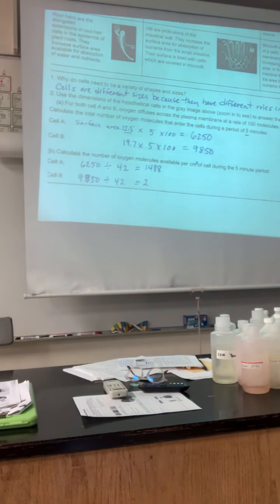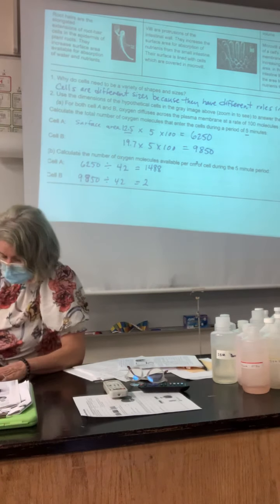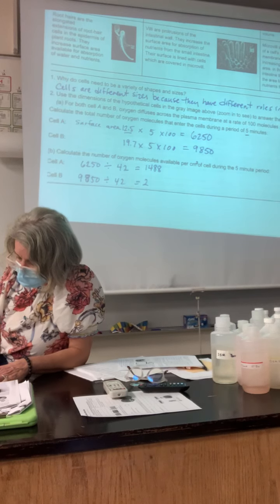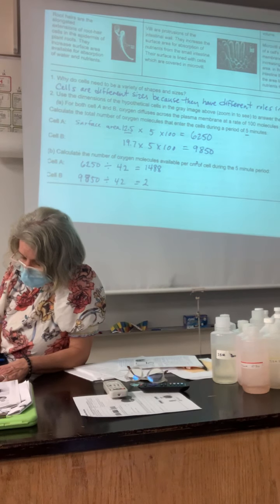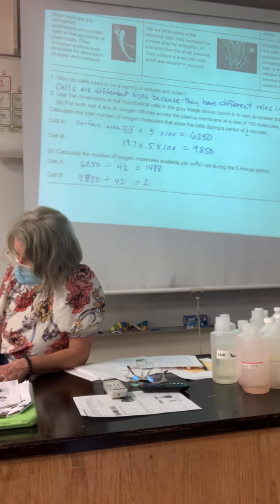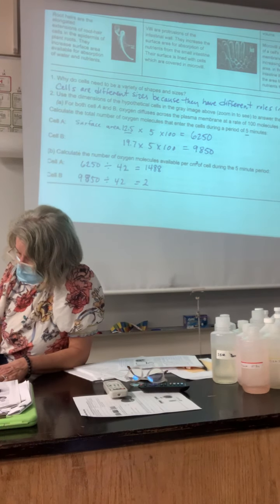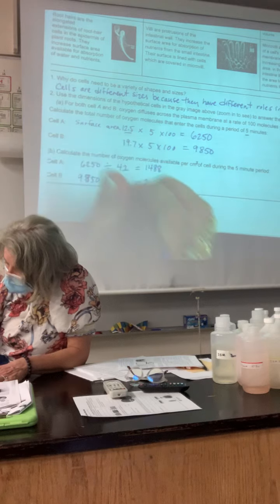I did not get what Carter said, but maybe I did it wrong. We both might have. We're close, but let's just make sure. 9,850 divided by 4.2. Oh no, 42. Right? No, it's 4.2.